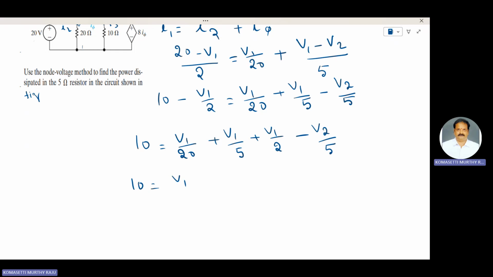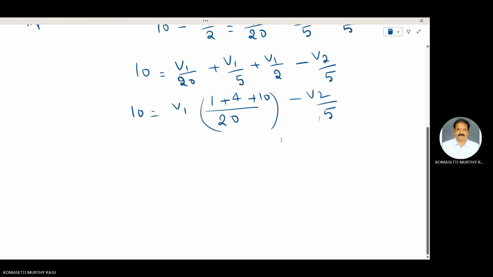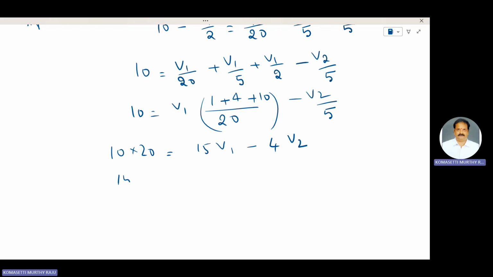That is 10 equals V1 by 20 times (1 plus 4 plus 10) minus V2 by 5. The LCM is 20. 10 into 20 is equal to 15 V1 minus 4 V2. Therefore, 15 V1 minus 4 V2 is equal to 200. Equation 1.